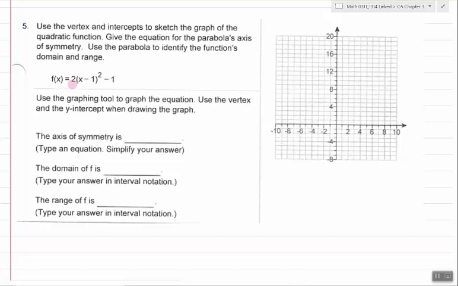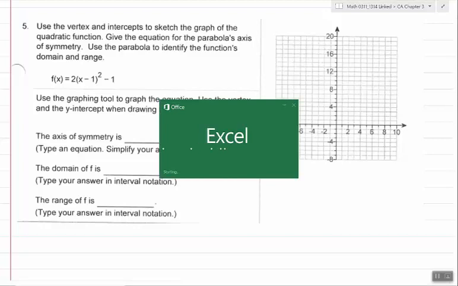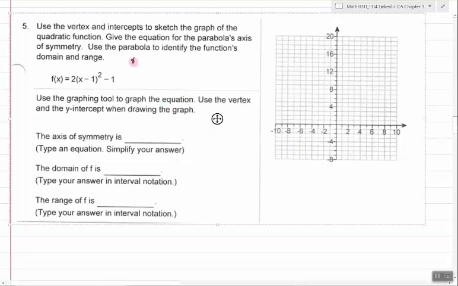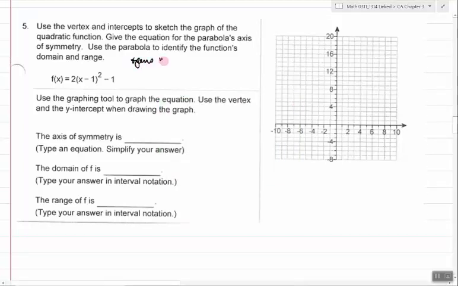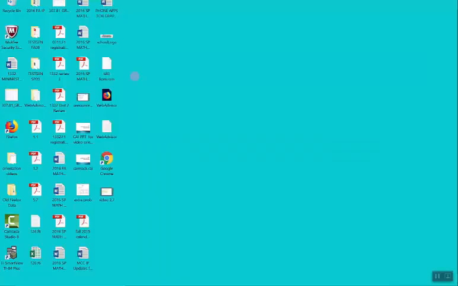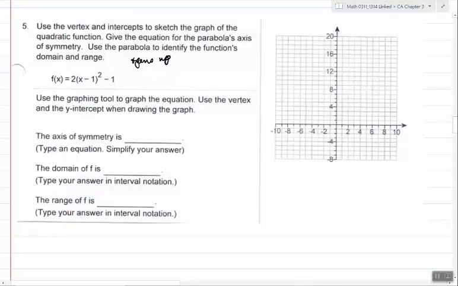All right, the first thing I need to notice is that this thing opens up. The vertex is, change the sign on this one, 1. Don't change the sign on this one, negative 1.